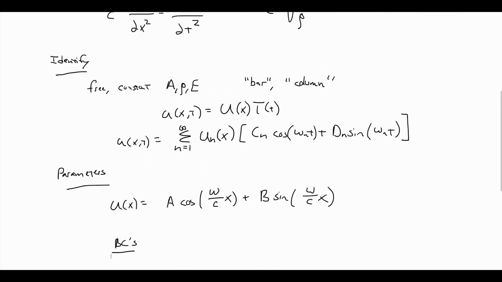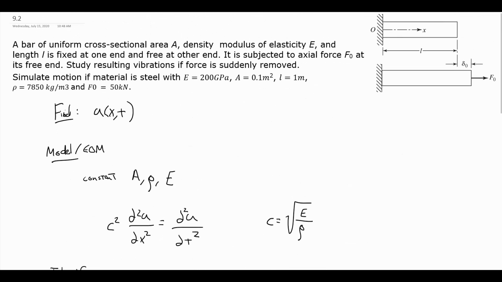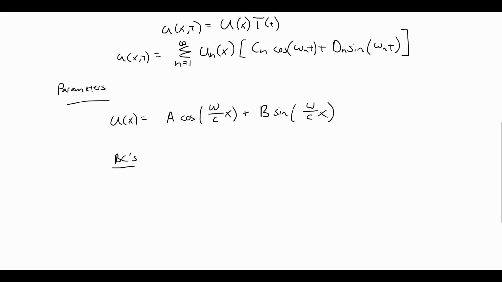And we'll have two of them because it is a second order ordinary differential equation in U. So going up to the problem here, we have a wall at x equals 0, and we have a free end at x equals L. So what that is going to tell us is that our first boundary condition is that U of 0 is 0. The displacement at the wall is 0. The point directly connected to the wall cannot deform. It cannot move left or right because it's attached to the wall.